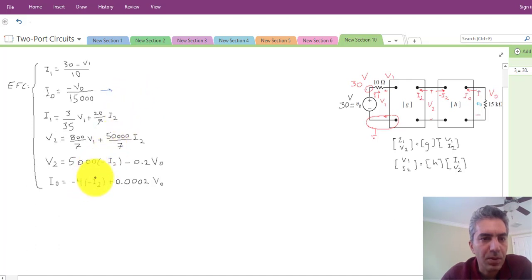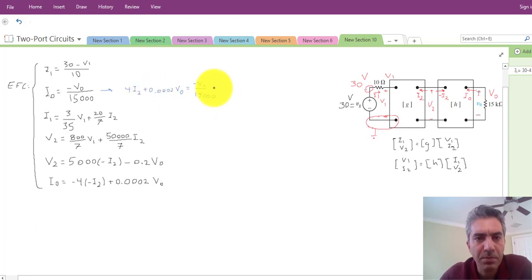So from this I have I out equal to this equation, so 4 times I2 plus 0.0002 V out is equal to minus V out divided by 15,000.